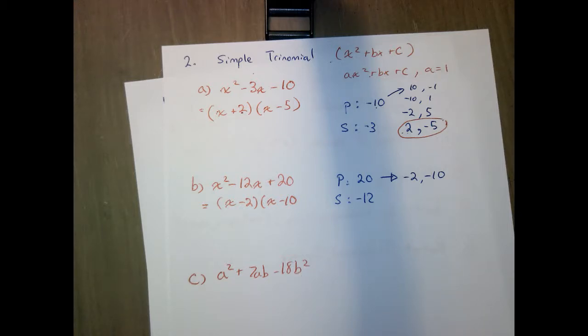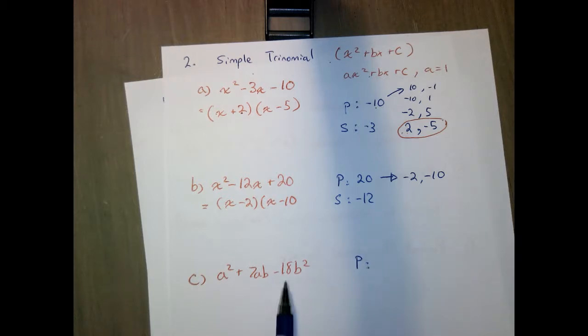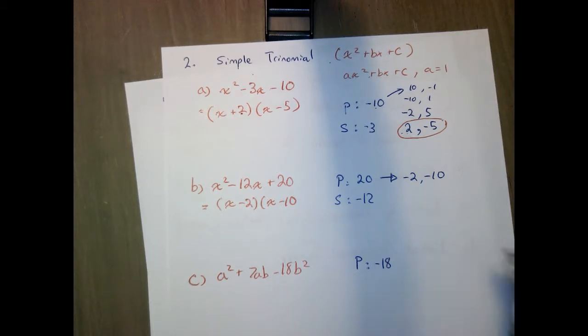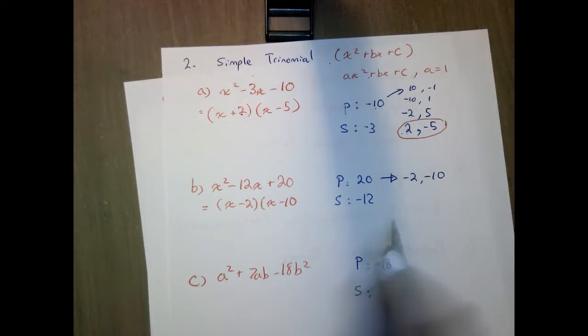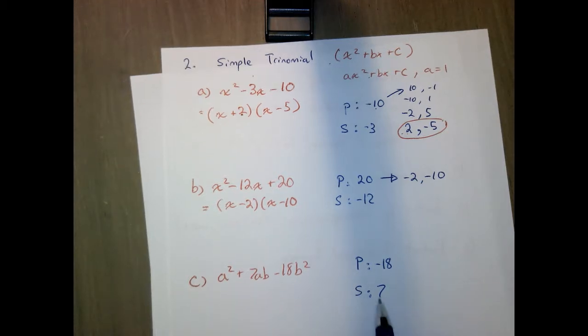So we can still factor this using our product-sum method. I'm still going to be looking at this c term for my product, so I have negative 18, and my sum is going to have to be this b term, which is 7. I can break this down into all of the factors that multiply to negative 18 and add to positive 7.